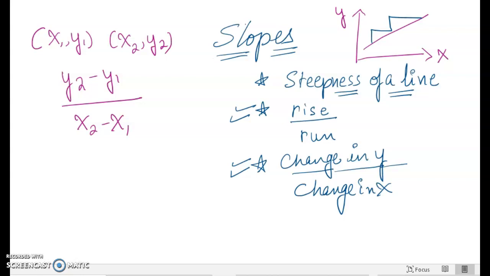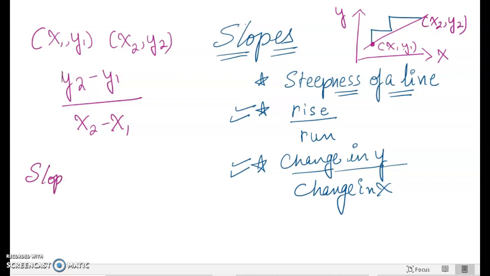So if I go back to my graph and label this first point as x1, y1 and this point as x2, y2, then change in y over change in x is y2 minus y1 over x2 minus x1.